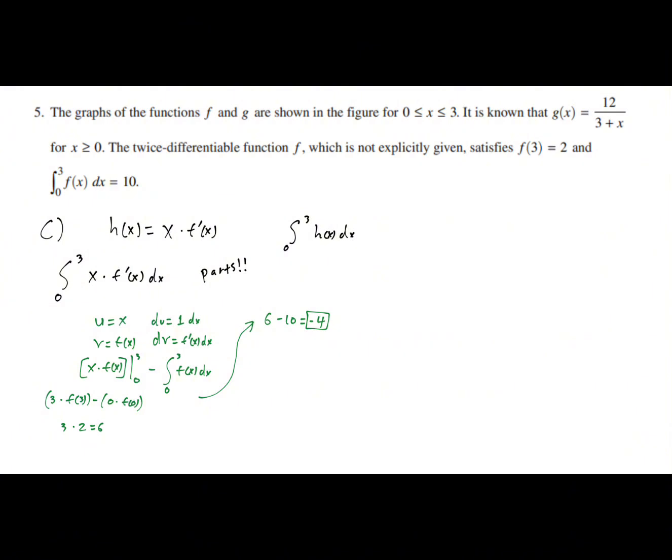At the top, it tells us already that the integral from 0 to 3 of f of x is 10. Then we find the left side, where x equals 3, so it's 3 times f of 3. The top also tells us f of 3 equals 2, so it's 3 times 2. The rest is also 0, so it's 6 minus 0, which is just 6. And then finally, 6 minus 10 equals -4.